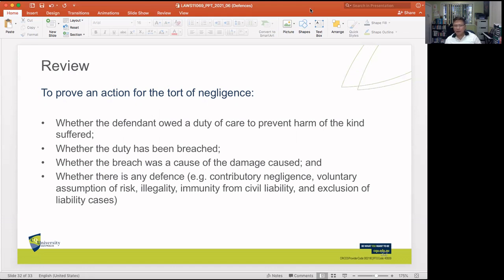Again, as a reminder, as far as defense is concerned, we're only looking at the topic of contributory negligence, and we don't include in our unit the other defenses, and these other defenses are not going to be assessed in our unit.